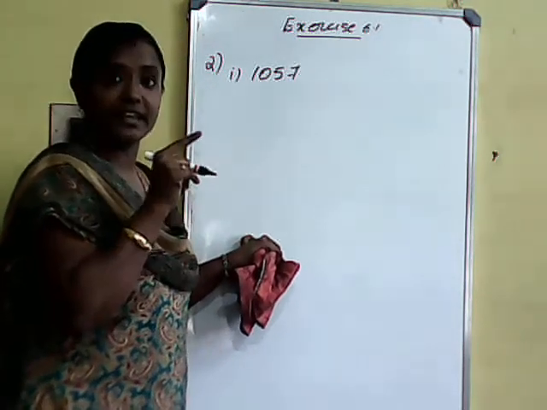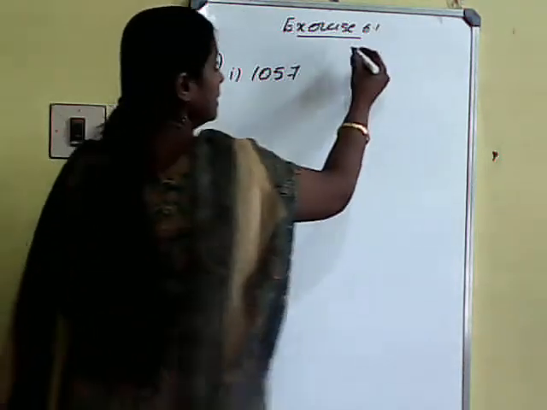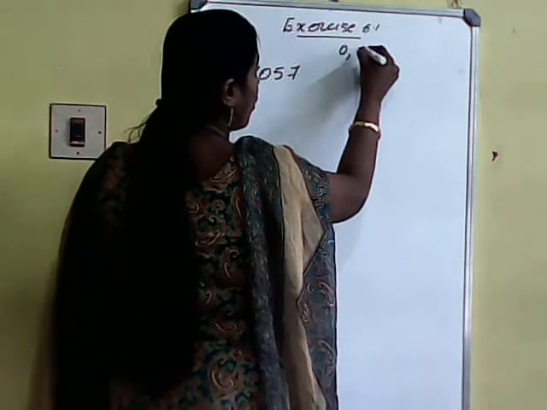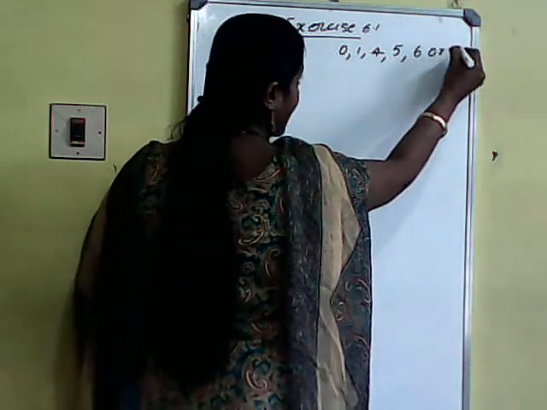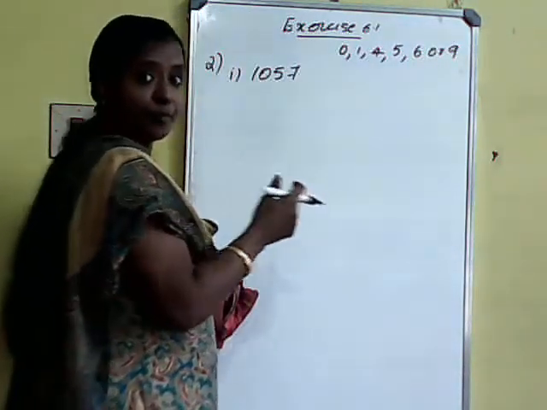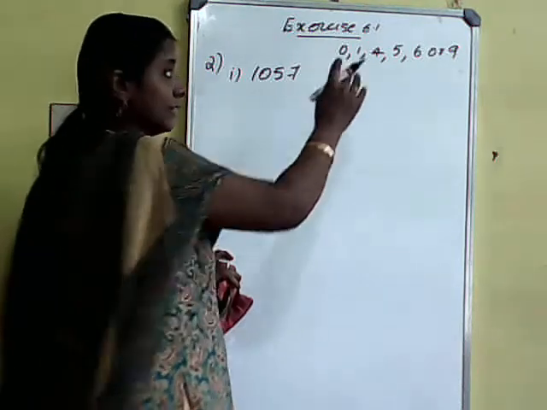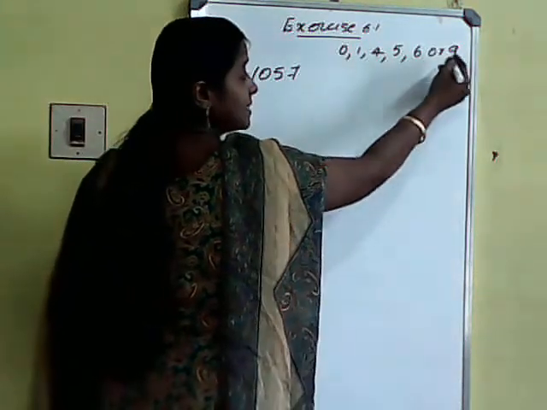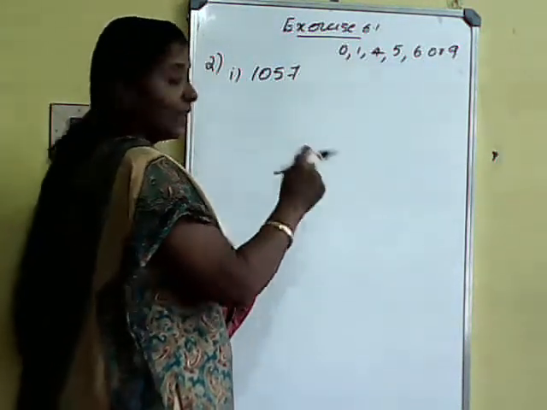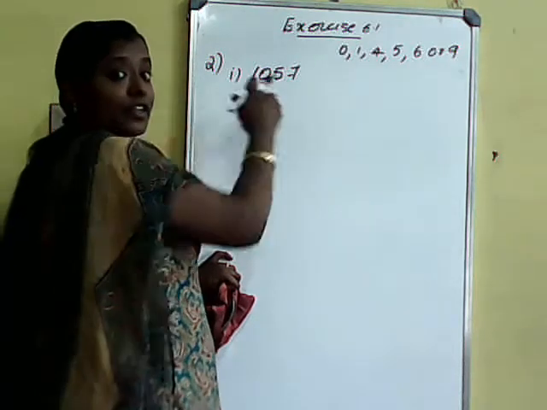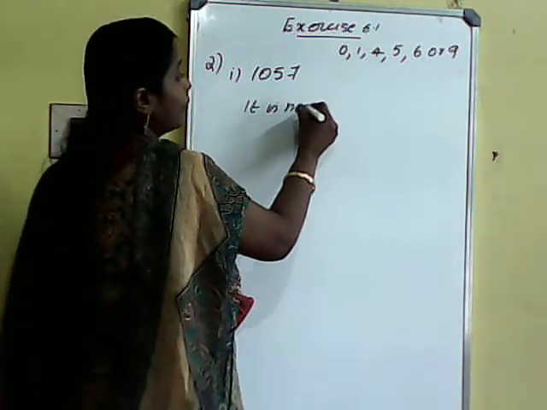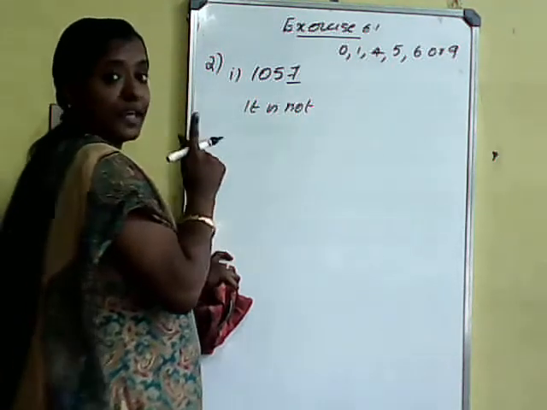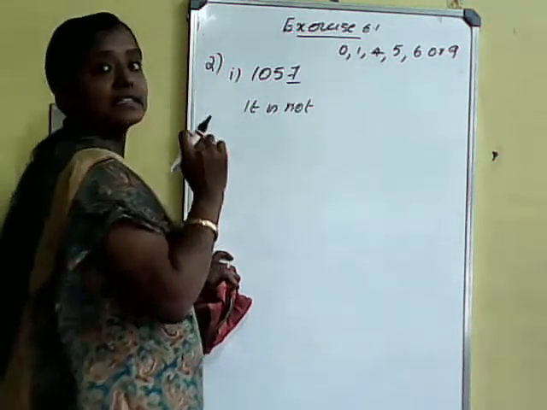If a number ends with 0, 1, 4, 5, 6 or 9, it may or may not be a perfect square, and we want to check that. But here it is 7, so we can clearly say it is not a perfect square, because the units place contains 7.